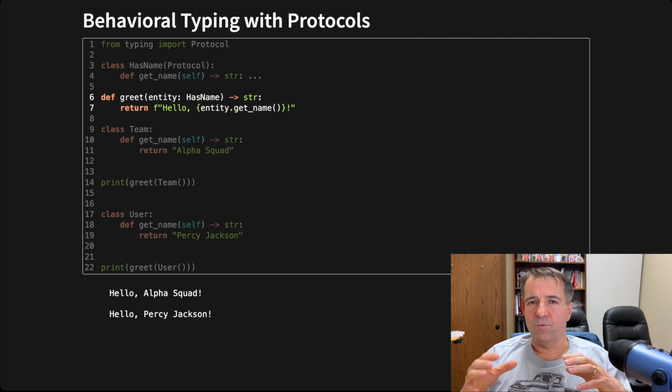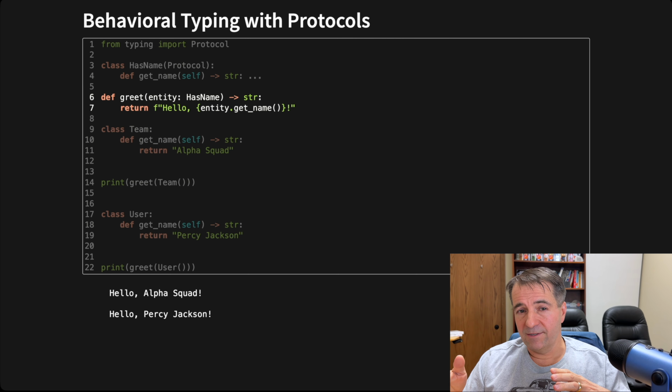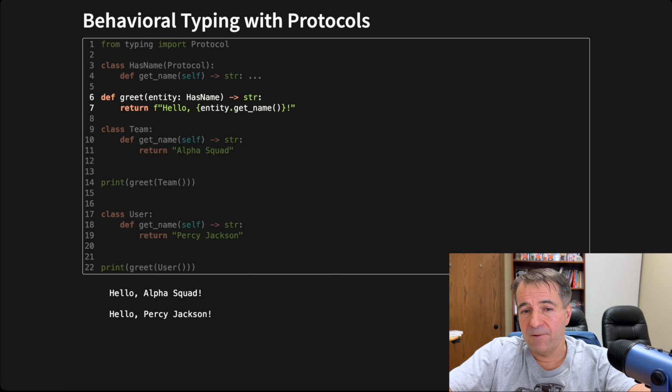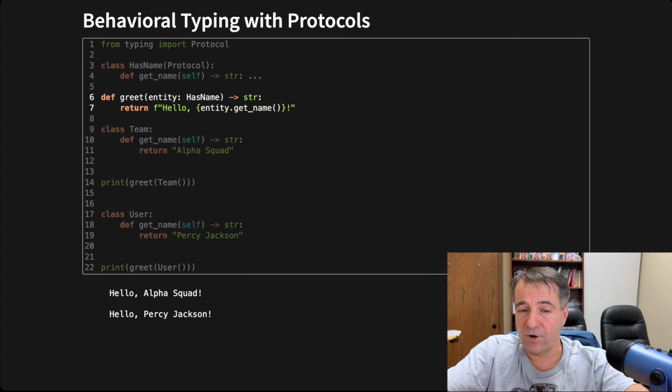And again, you want the IDE to warn you ahead of time that you're sending something in here that does not adhere to the protocol, because guess what? Something's going to call that. As you see over here in line 7, entity is what's being passed in, and we're calling the getName method on entity, which is what the protocol is protecting us against: sending an entity in here that does not have that, which will result in a breaking failure.